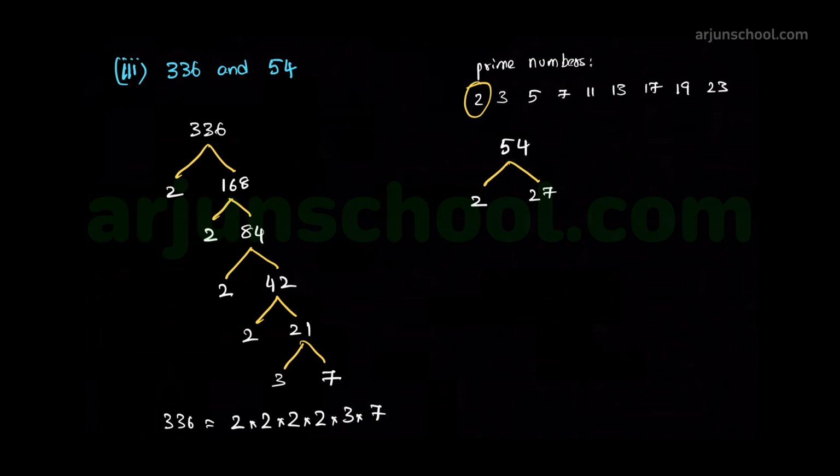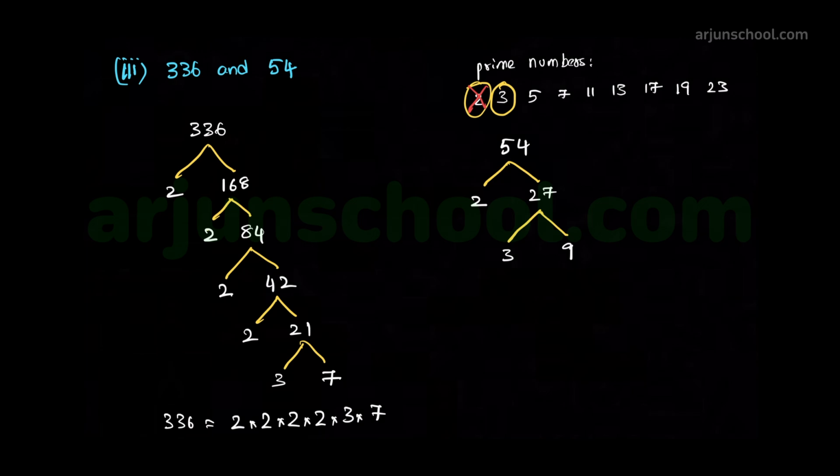Now we have 27. Since 27 is not an even number, it is not divisible by 2. We now check with the next prime number 3. 27, sum of digits in 27 is equal to 2 plus 7, which is equal to 9, is divisible by 3. Therefore 27 is divisible by 3. Divide 27 by 3. 3 times 9 is 27.